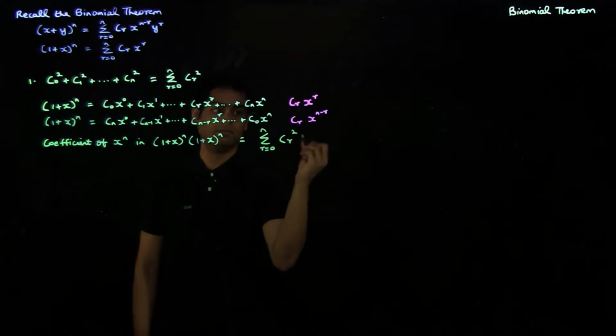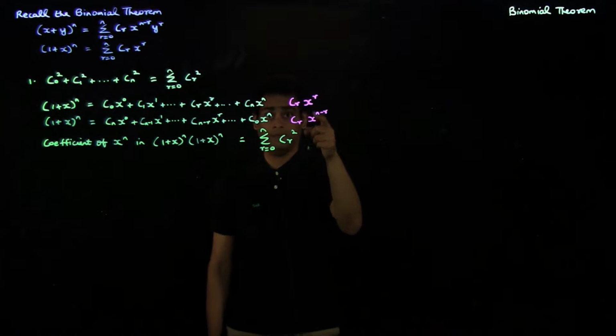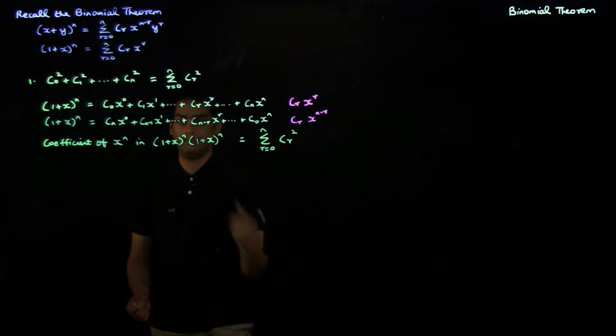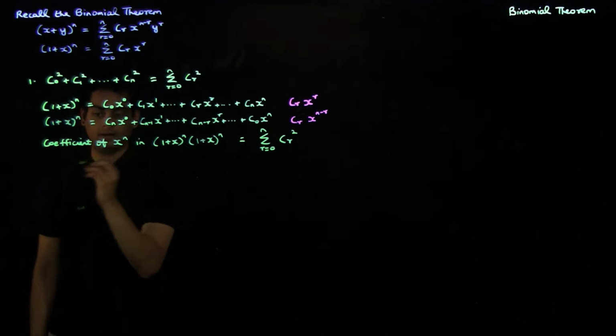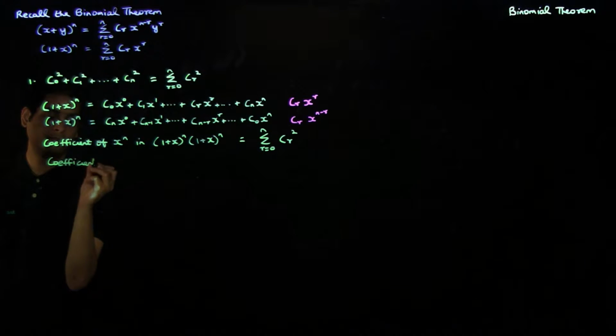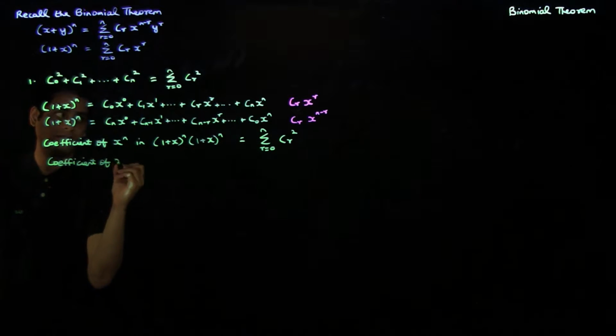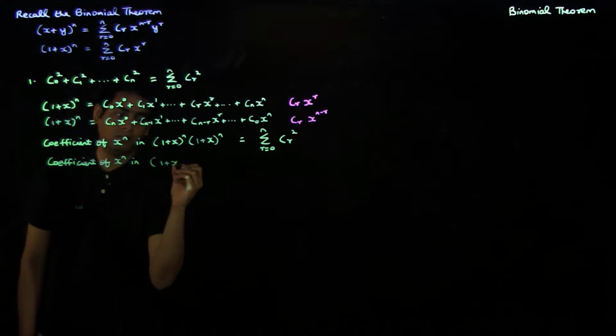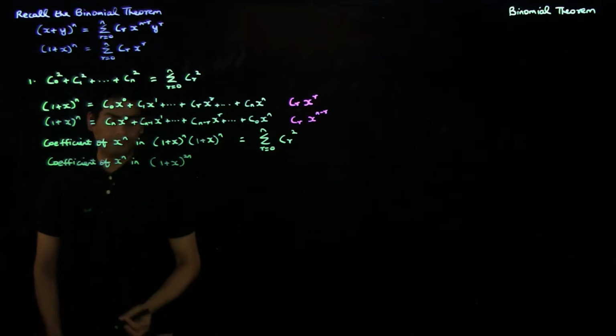cr square, which is obtained by this result we had earlier, and on the left hand side we're just looking at the coefficient of x power n in 1 plus x whole power 2n.